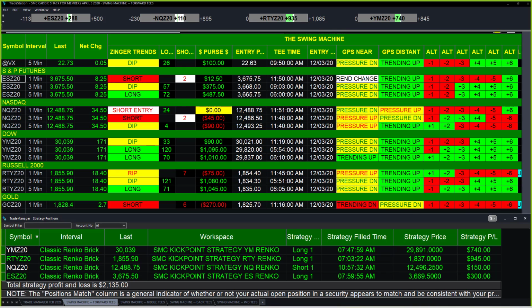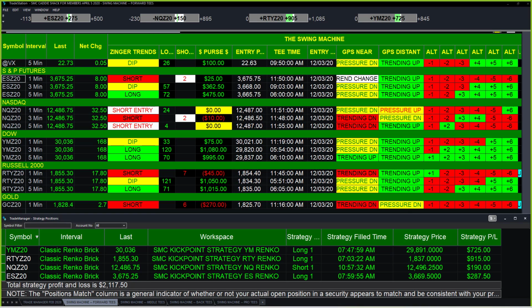So we've been running much of this week the four markets on one of our newest strategies called SMC Kick Point. So you see how the strategy is positioned, right? Either long or short. It tells you how many contracts. It tells you the strategy fill time, the time the order actually was placed. And this is on a tick chart, so it's right down to the second level.